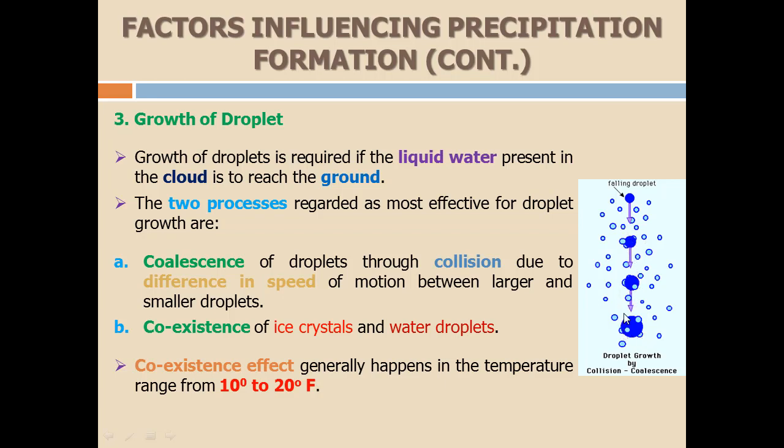When the particle is heavy enough that its gravity can cancel the upward pressure of the air, it will come down to the earth in the form of rainfall, a raindrop.